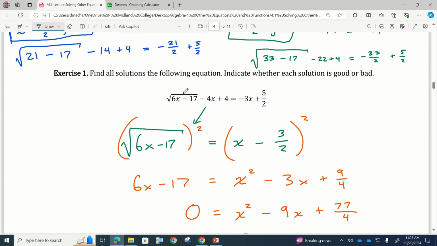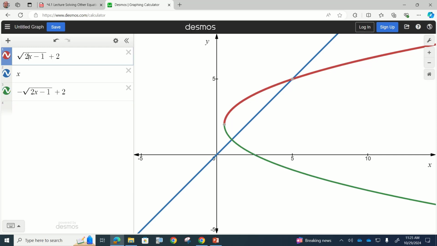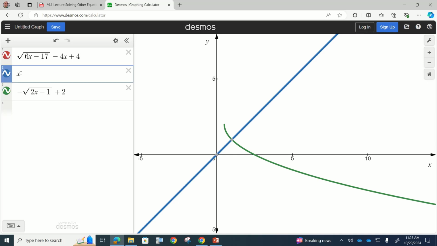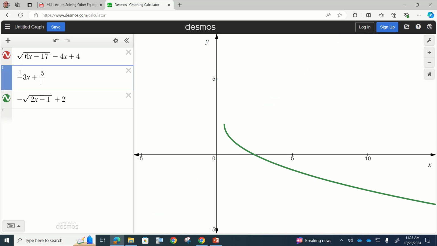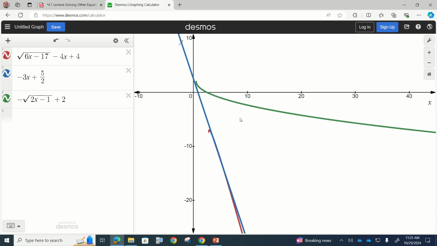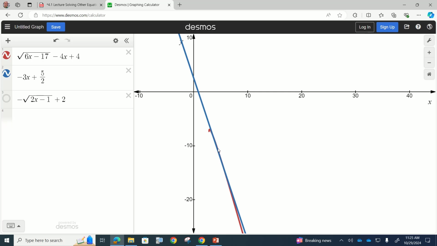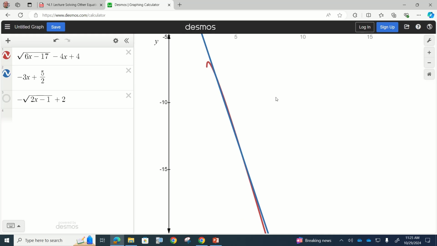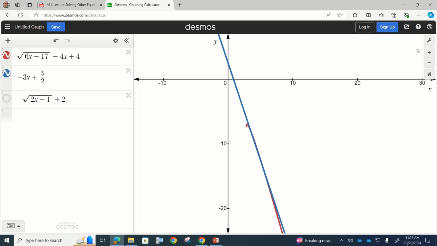In my second equation, I got square root of 6x minus 17 minus 4x plus 4. That was the left side. The right side is negative 3x plus 5 over 2. And so the left side of the equation is given by the red curve, which is not super easy to see.